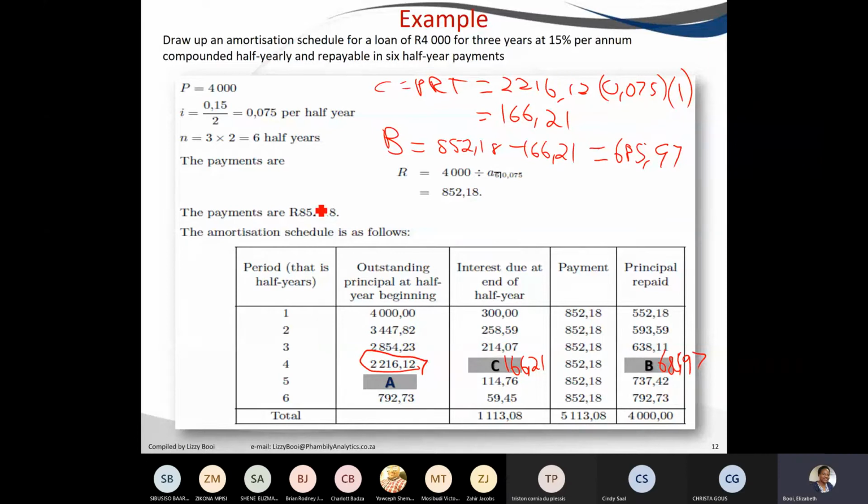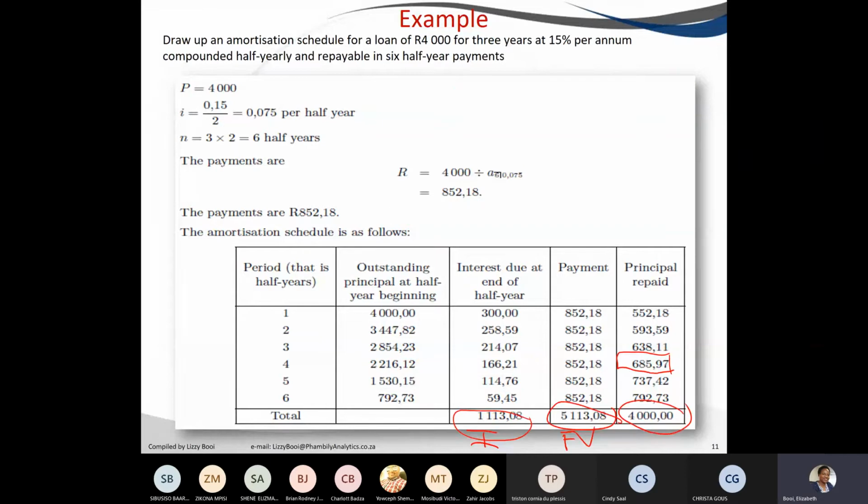So I can calculate it by 2216.12 minus 685.97. And when I do that, the answer I get will be 1530.15.